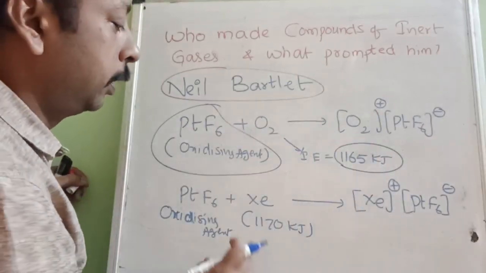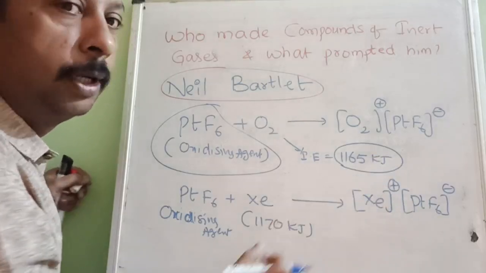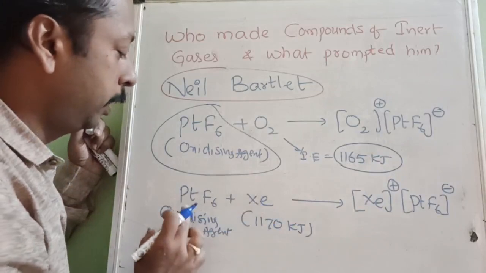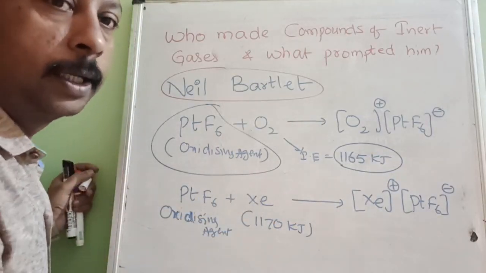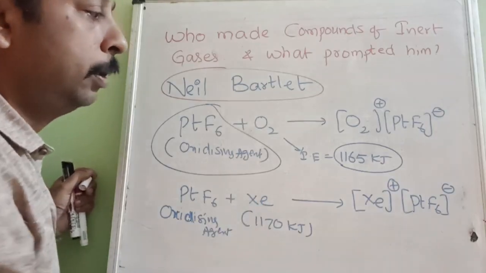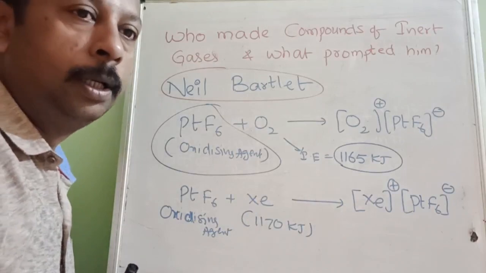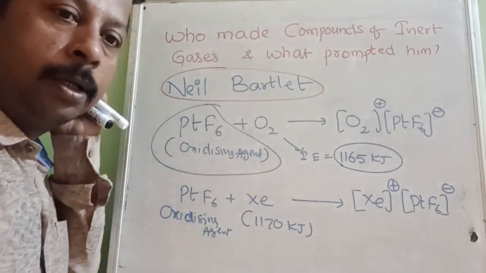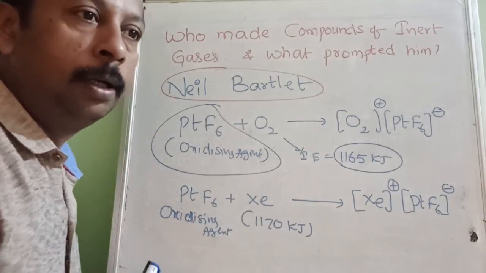Then he thought that the ionization energy of xenon is 1170, just a minute difference of 5 kilojoules. He immediately felt that PtF6 can also oxidize xenon. Oxidize means ion, and ion means it can form compounds. Once it can lose the electron, it can easily share the electron. Then he thought that definitely we will be able to form compounds.